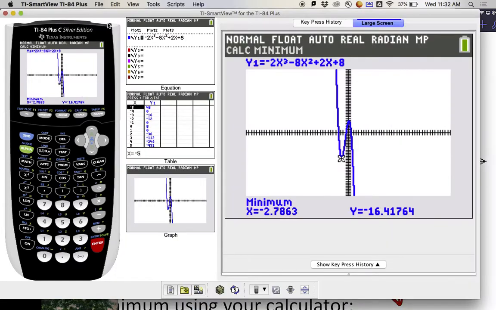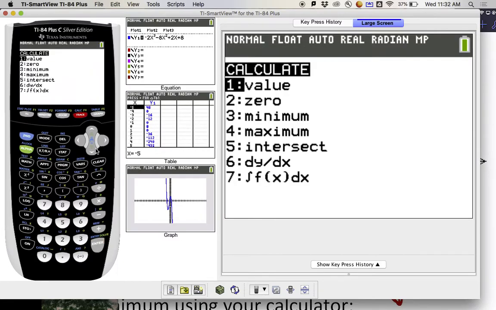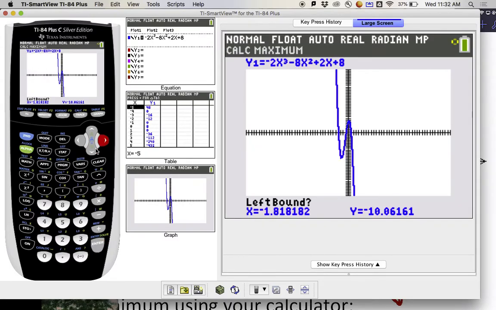All right, and then to find the relative maximum, we'll do the same thing. Second trace, go to maximum this time. Get it as close as you can to the maximum. Then go to the left a couple clicks, hit enter. Go to the right a couple clicks, hit enter. Enter one more time. Initially it looked like our maximum was at 0.8, but it's a hair off of that.